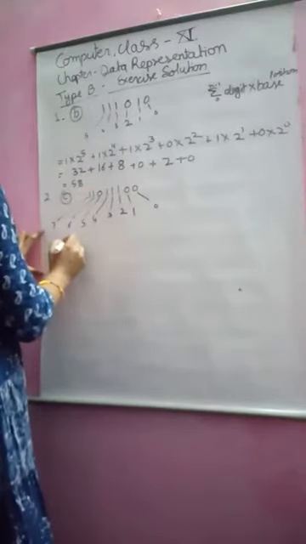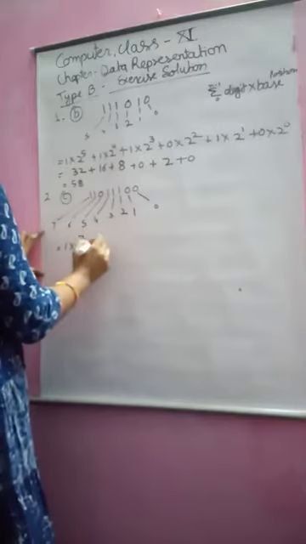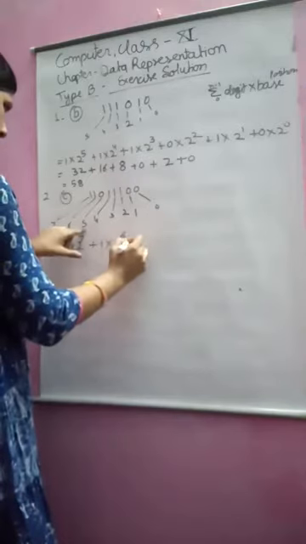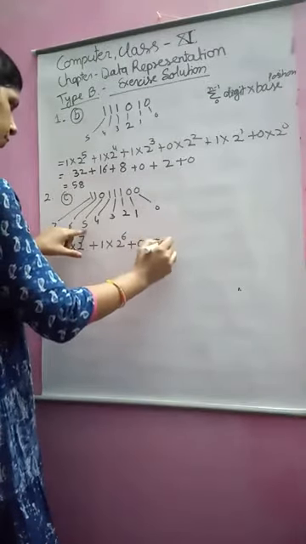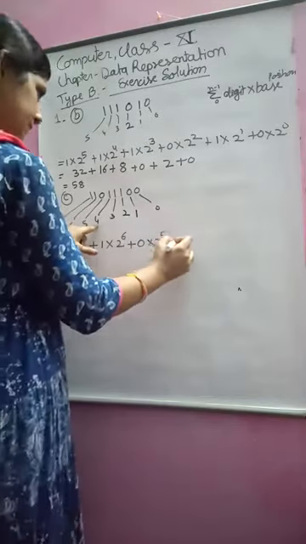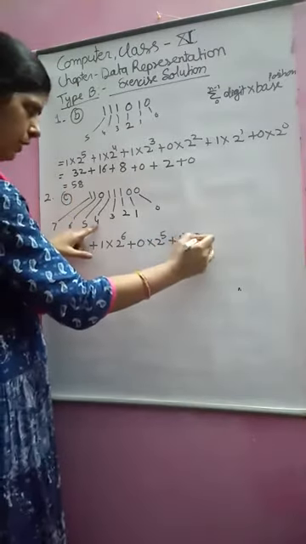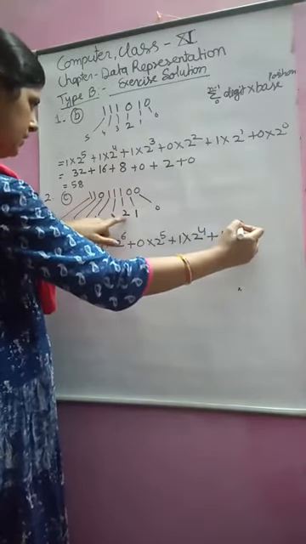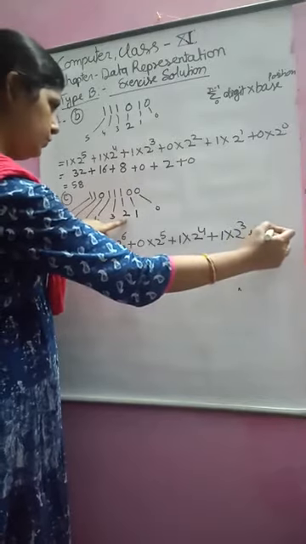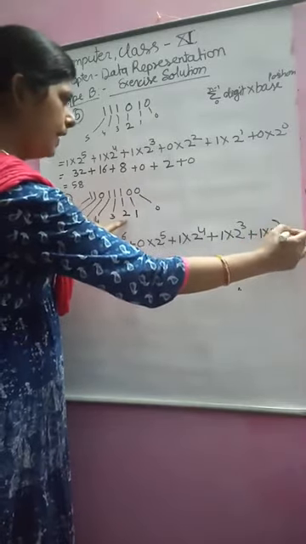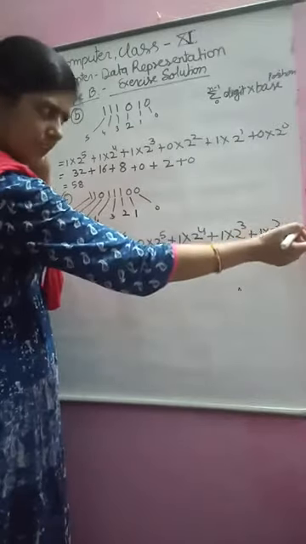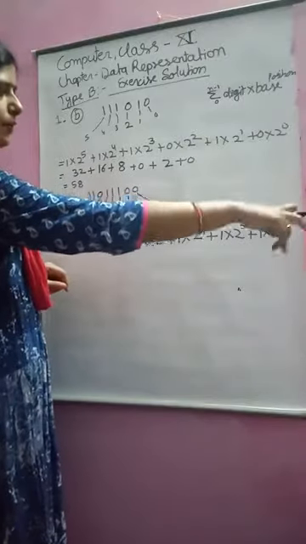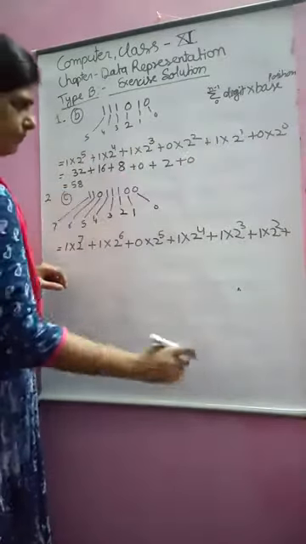Now 1 into 2 to the power 7 plus 1 into 2 to the power 6 plus 0 into 2 to the power 5 plus 1 into 2 to the power 4 plus 1 into 2 to the power 3 plus 1 into 2 to the power 2 plus 0 into 2 to the power 1 and 0 into 2 to the power 0, that is 0.